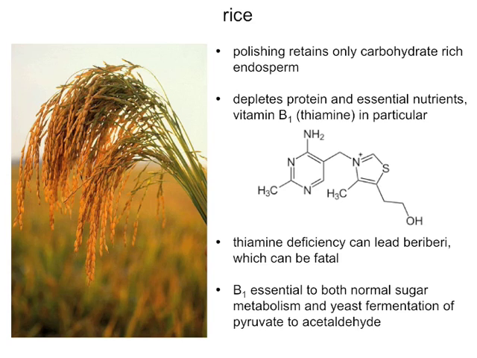This process, of course, winds up depleting the grain of a lot of protein and a lot of essential nutrients, which are concentrated in the bran. In particular, vitamin B1 or thiamine is removed, and this has an important and interesting history in terms of the discovery of vitamin B1 as the first vitamin.